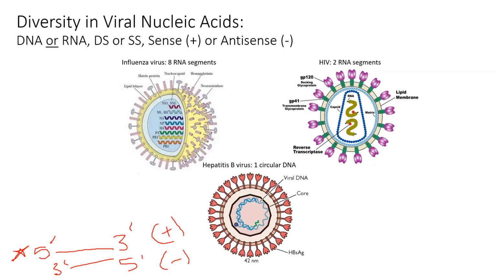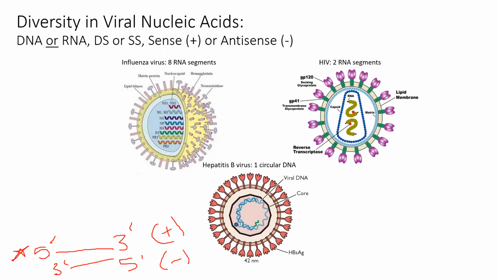Okay, and even going farther than this in the diversity of their nucleic acids, some viruses have circular and others have linear nucleic acid. If you look at this picture, look at influenza virus on the top left, it actually has 8 separate RNA segments, okay? Which is super interesting, right?